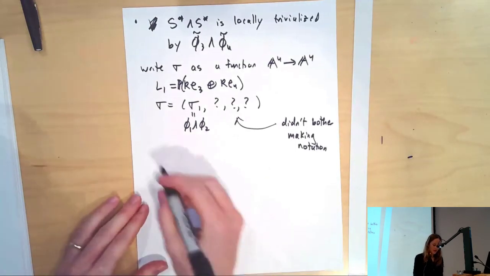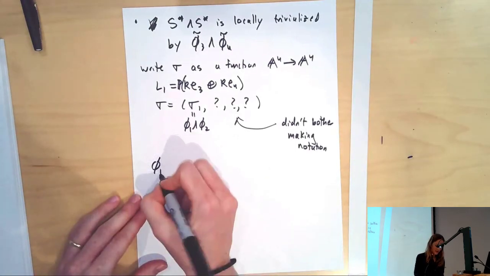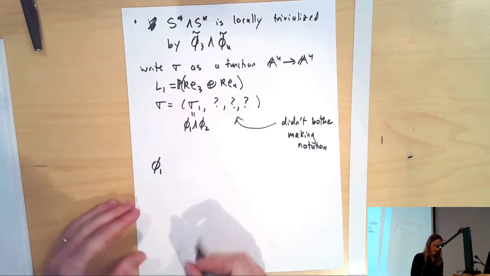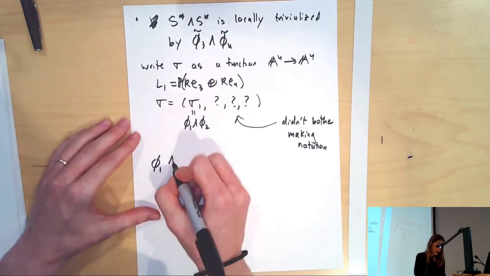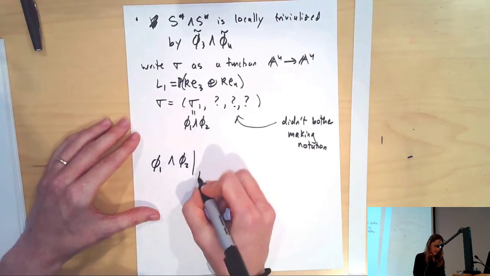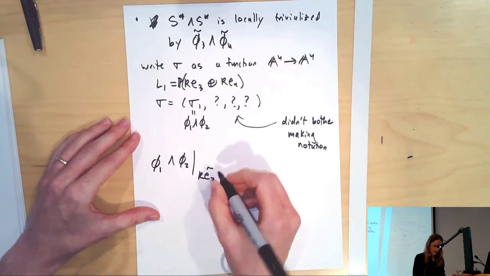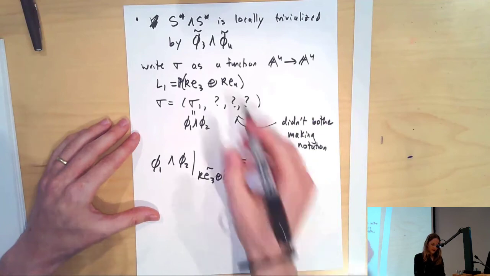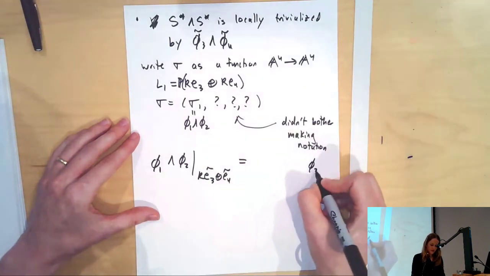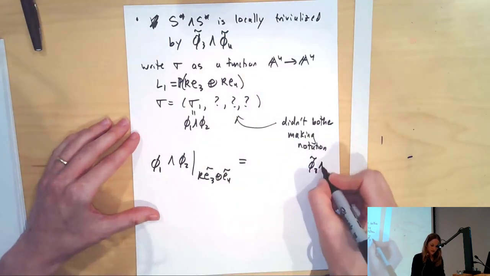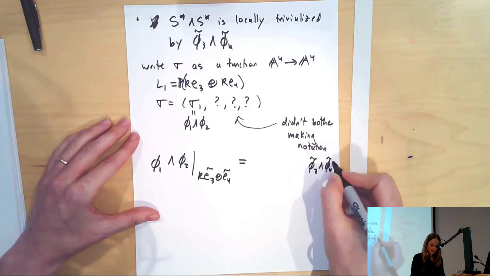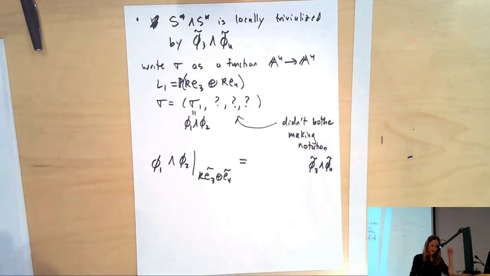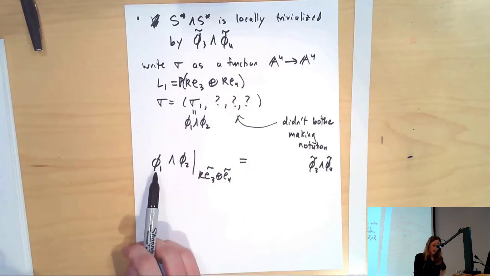So we've got phi 1 wedge phi 2 restricted to the span of E3 twiddle and E4 twiddle, and we need to expand it out and see what the coefficient is of E3 twiddle wedge E4 twiddle. So we want to know how many E3 twiddles there are in phi 1.